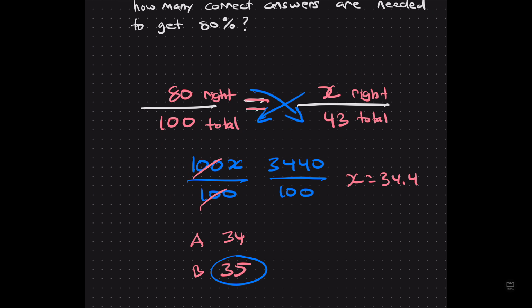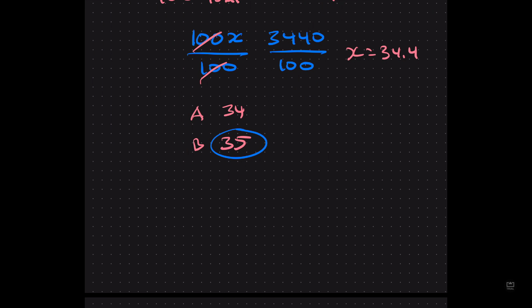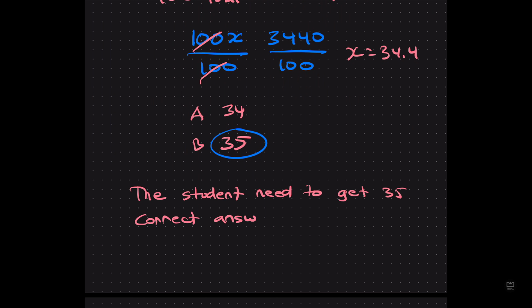So 35 is obviously a little bit more than 80%, but you need at least 35 questions right to get that answer correct. And quite often, if they tell you to write it out in a sentence on the test, the student needs to get 35 correct answers.